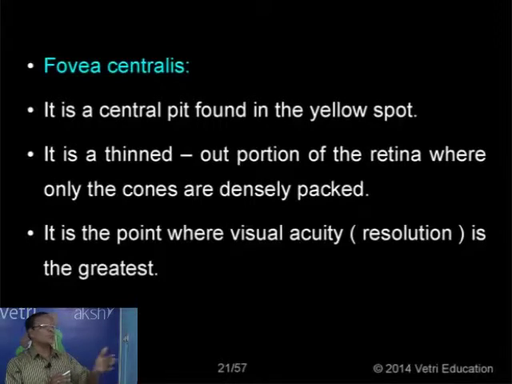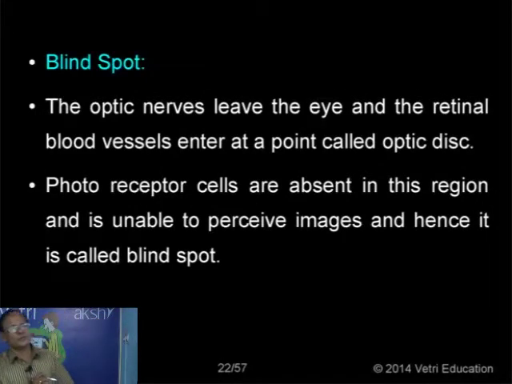The highest resolution is there, and that is why this part is considered the most important part where the image is formed sharply. This is because of the accumulation of cones. Visual acuity means the resolution, having high resolution power in this region. So visual acuity is always greatest in the area centralis.